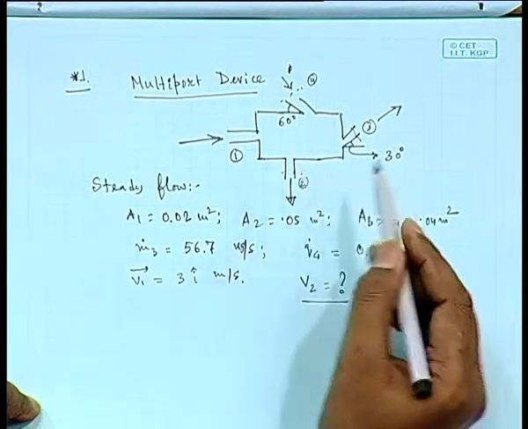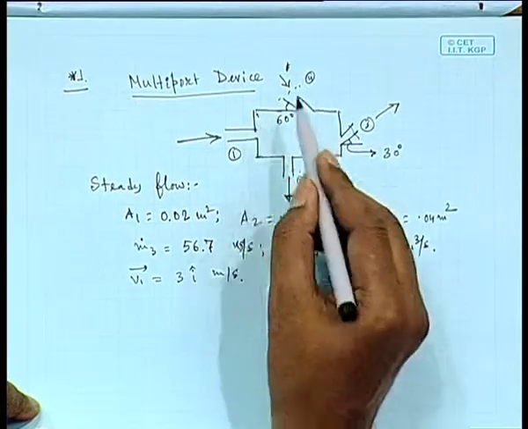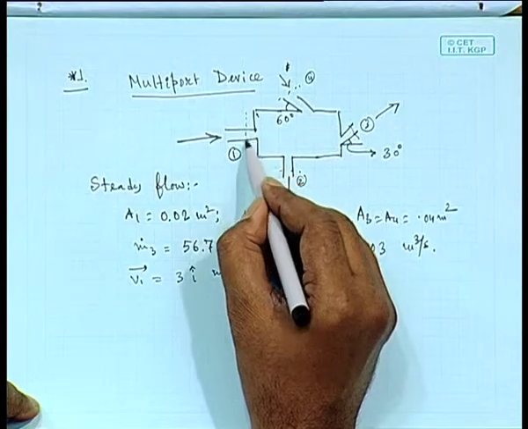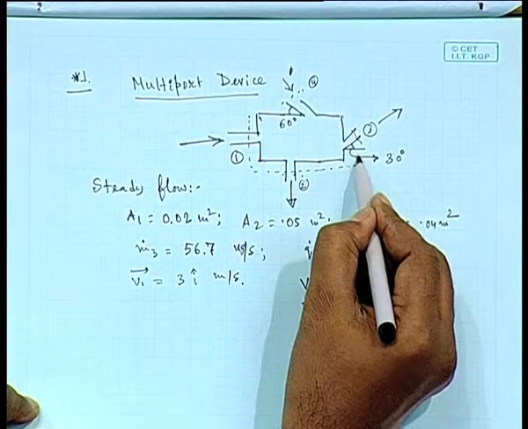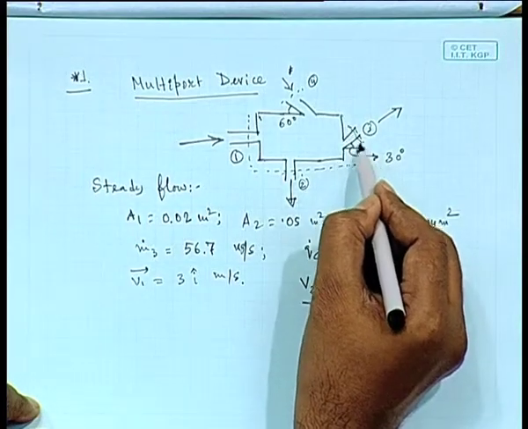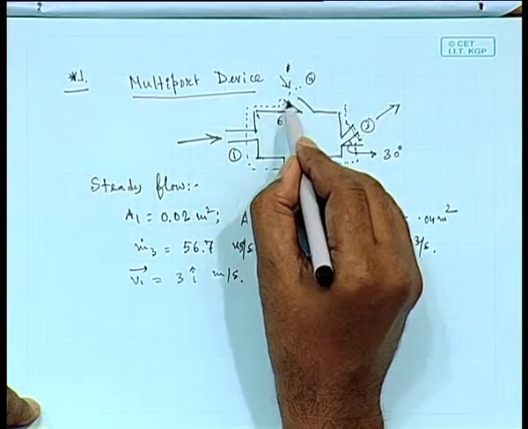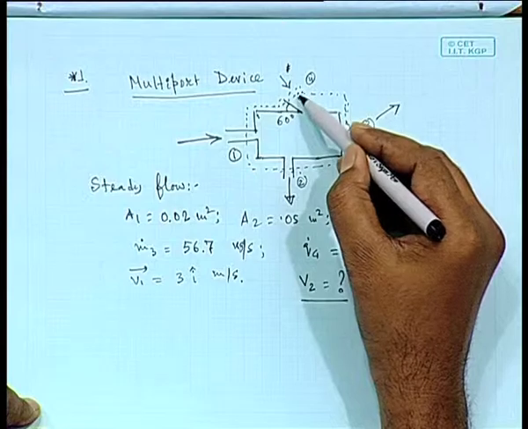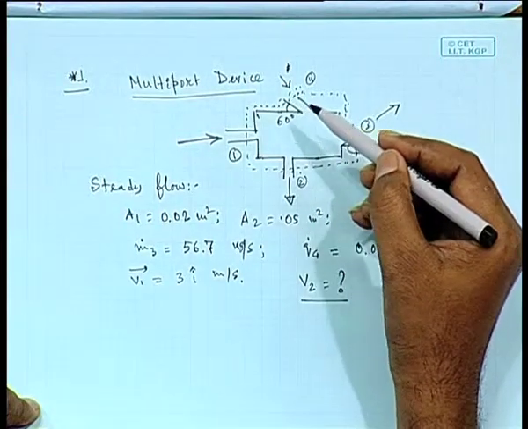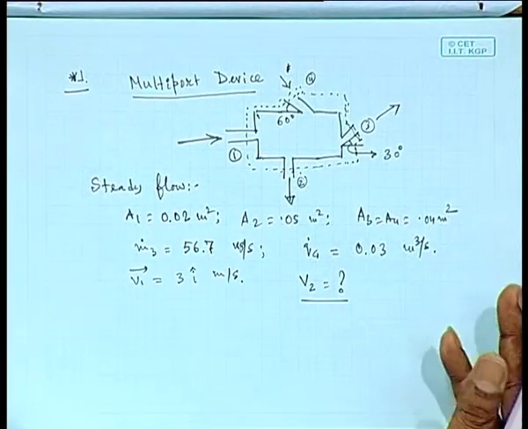So, you have to select a control volume something like this. This will be normal to this, so that in fact does not matter, you will be doing a material balance. So, you will not be taking any component.